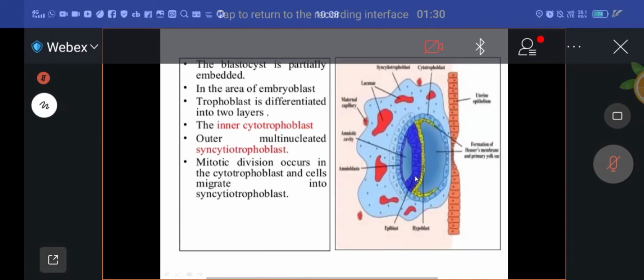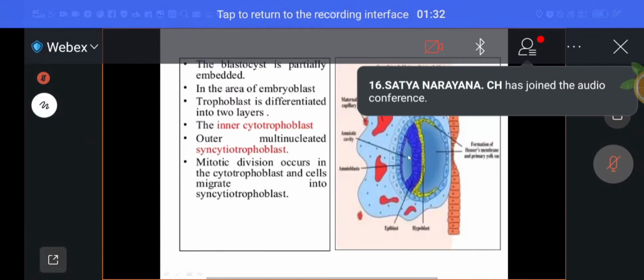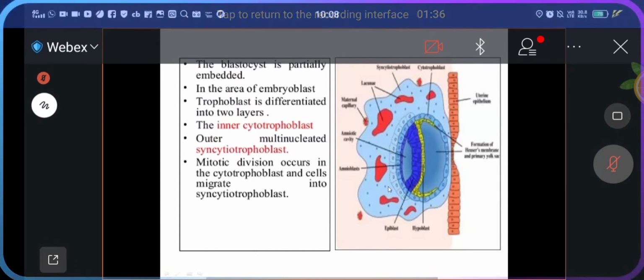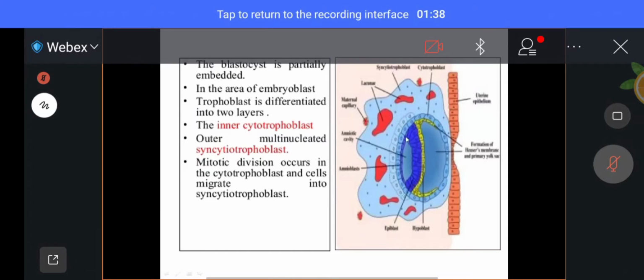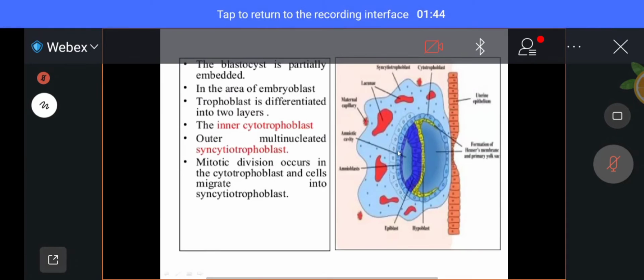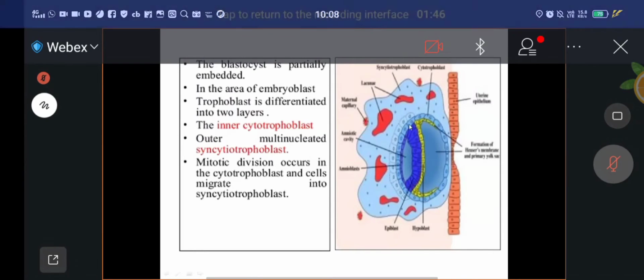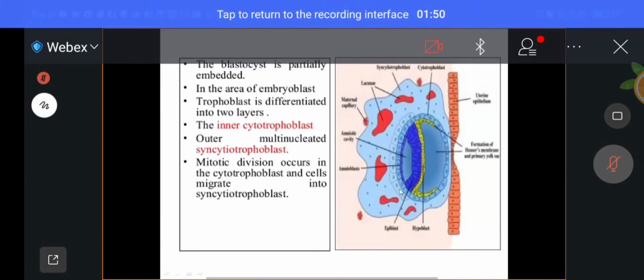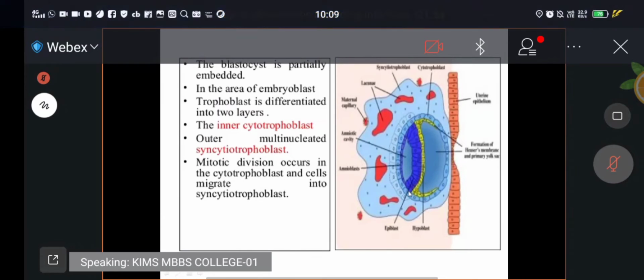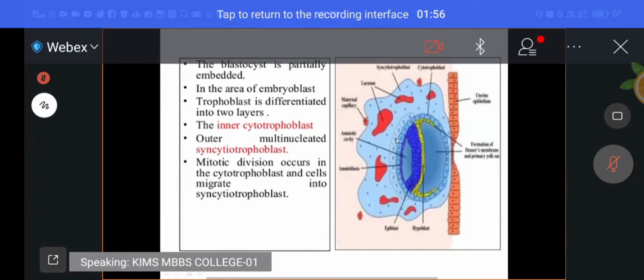In the area of this embryoblast, the trophoblastic cells will be differentiated into two layers, an outer layer and an inner layer. Here you can see this end is called the embryoblast. So the trophoblast cells near the embryoblast differentiate into two layers.